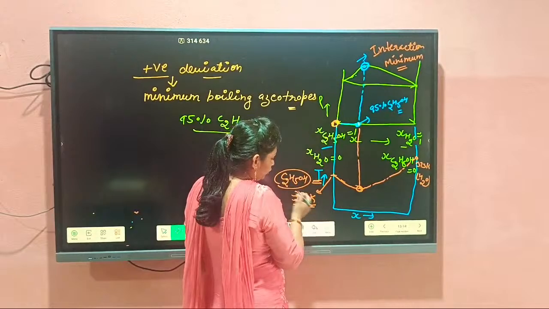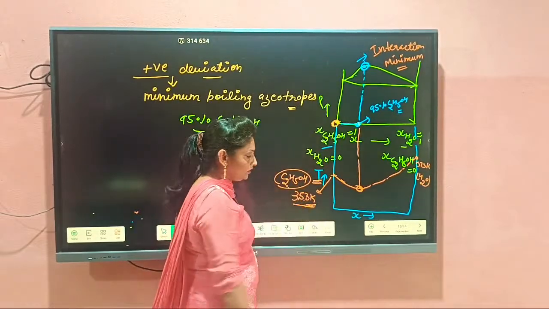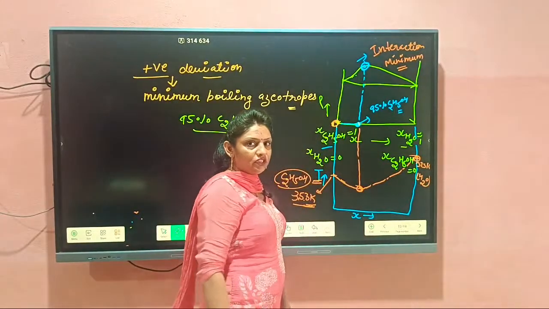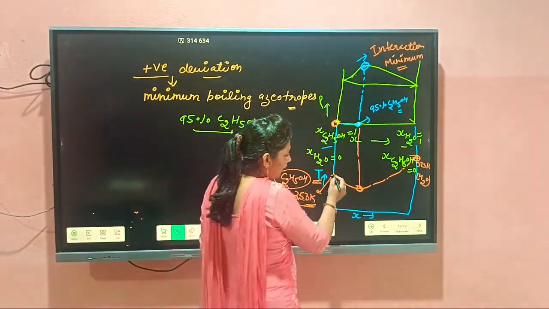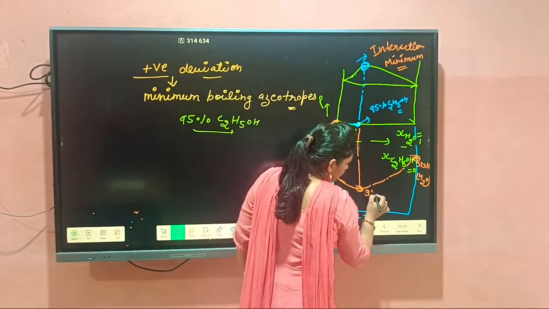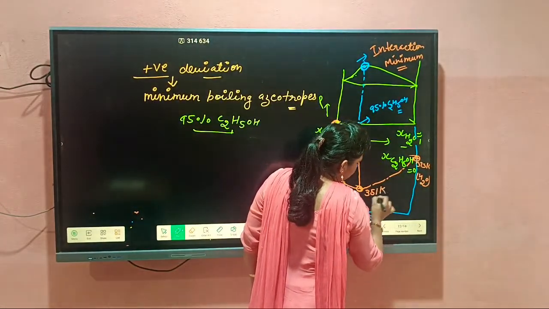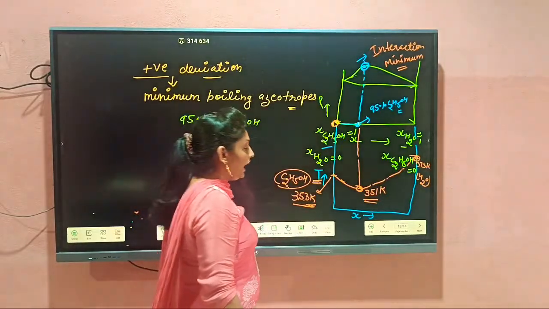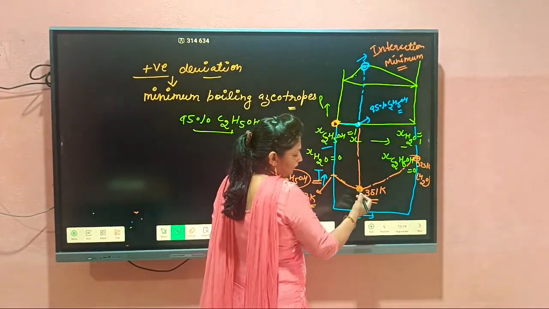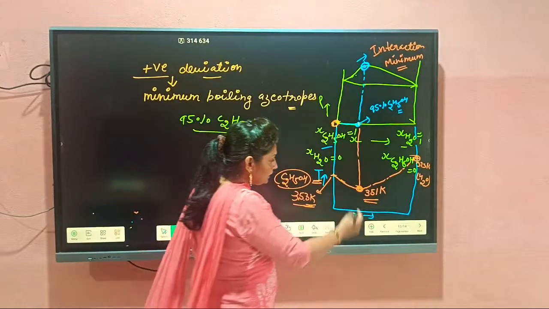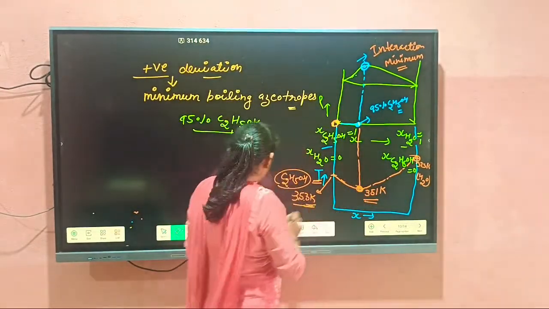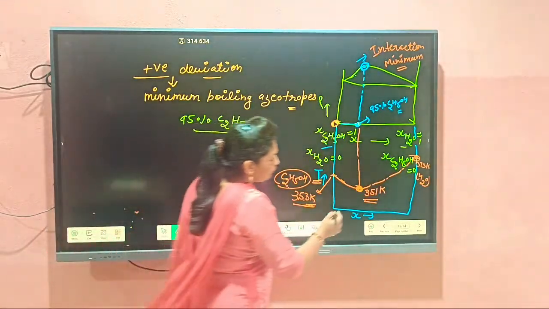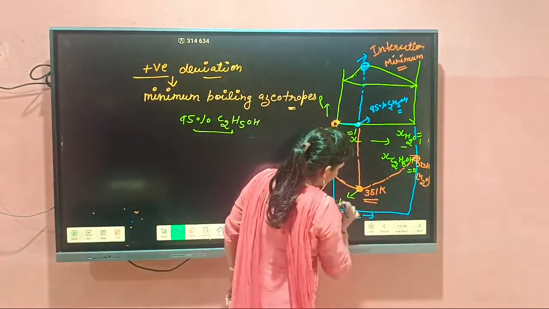Here the boiling point of ethanol is 353 and the boiling point of water is 373 Kelvin. But after mixing, its boiling point is 351 Kelvin. So they boil at minimum temperature. Okay, so this is known as the minimum boiling azeotrope.